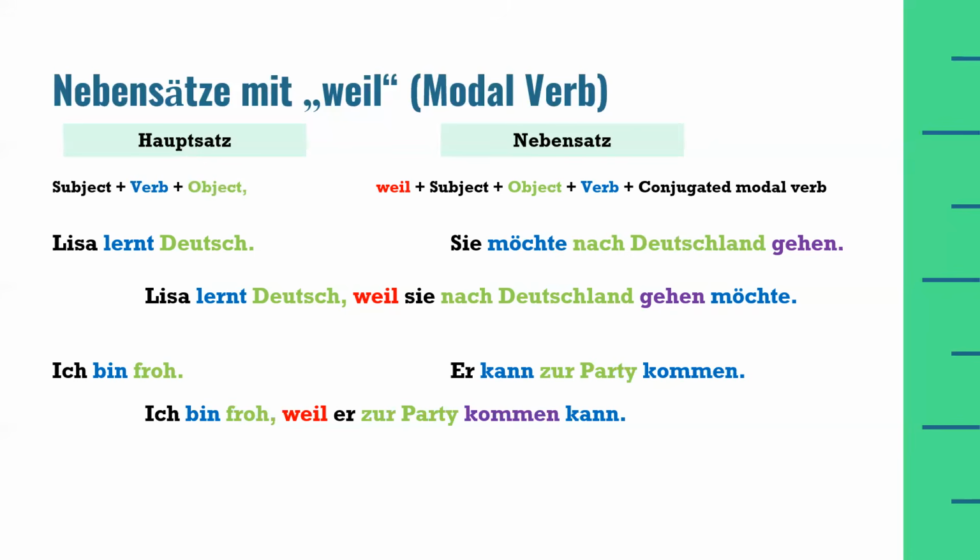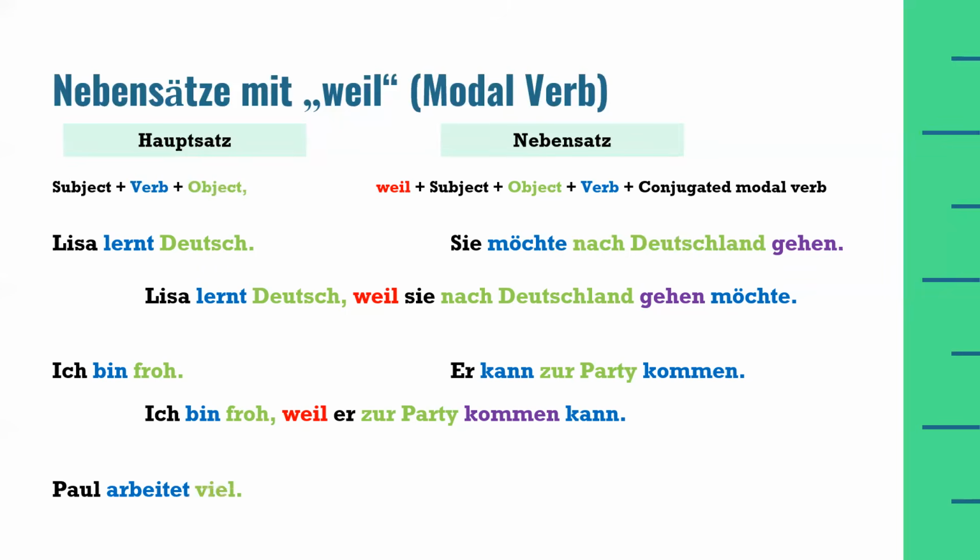Ich bin froh, the Hauptsatz will remain the same, weil er zur Party kommen kann, because he can come to the party. Now in this sentence, again, weil comes at the first position in the Nebensatz, then comes the subject of the sentence, then zur Party, to the party.